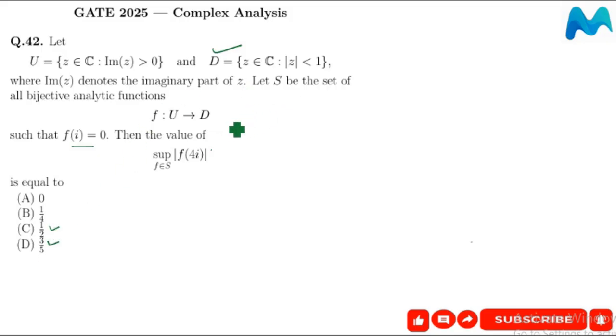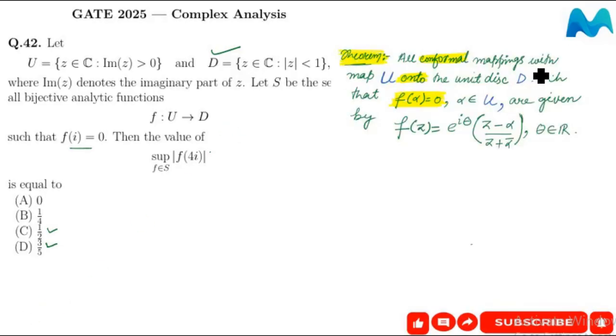Now, we know a theorem regarding this. The theorem is: the map from U, the upper half plane, maps to the disk, and the disk is like this.